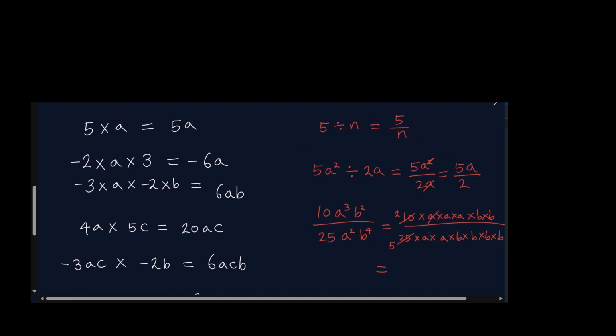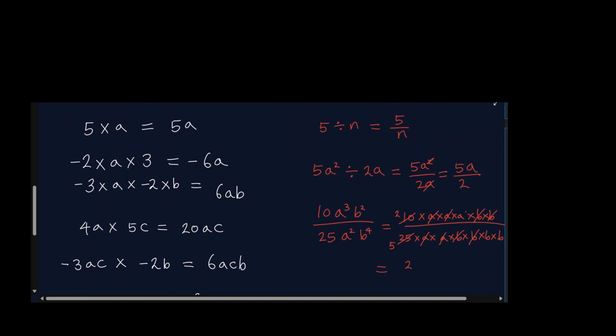Here, A cancels with one of A at the bottom, and 1A on the top cancels with this one at the bottom, and there's no more A. This is B, right? So let's move on to the B part. So cancel 1B with another B at the bottom, and 1B on the top with another B. So as you can see, the number that's left on the top is 2.